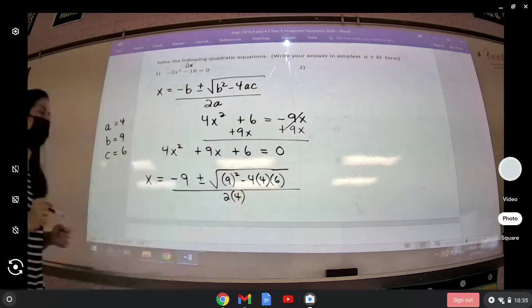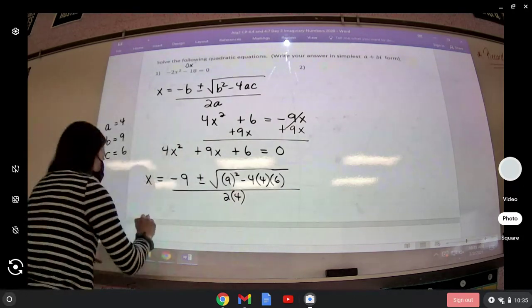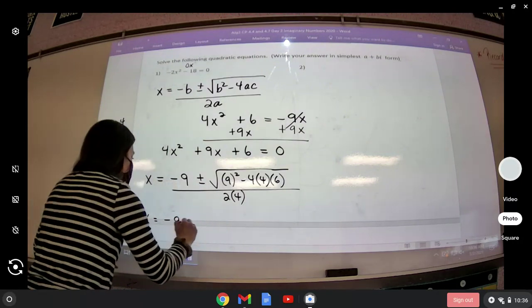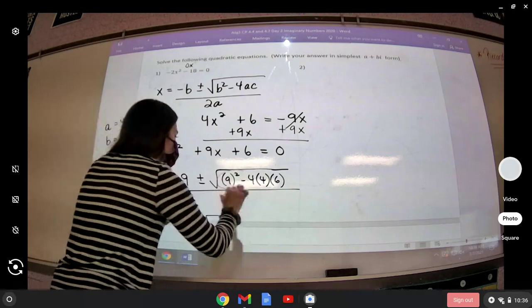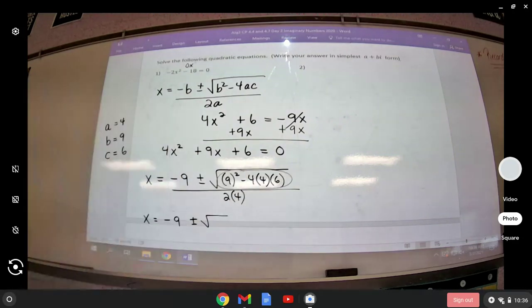All right, let's figure out what number is underneath that square root. Negative 9 plus or minus the square root of... what does that become? I just want to double check.